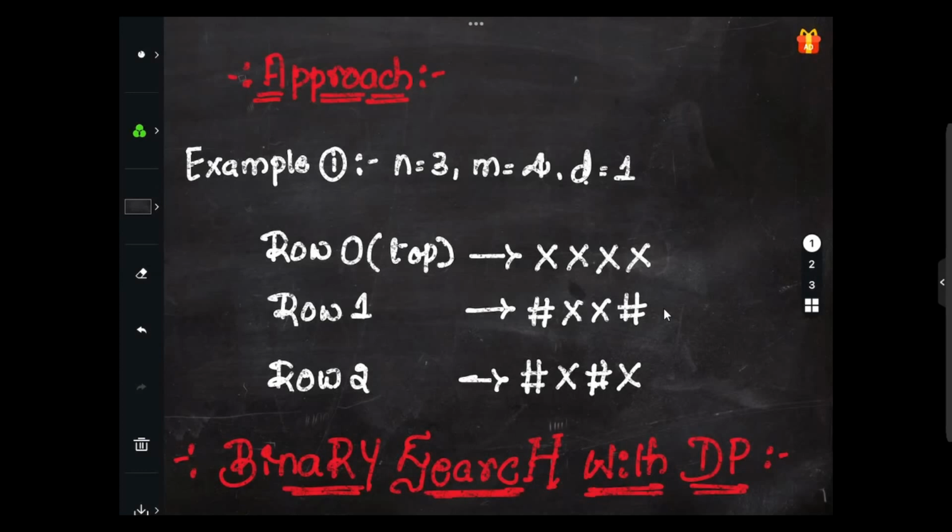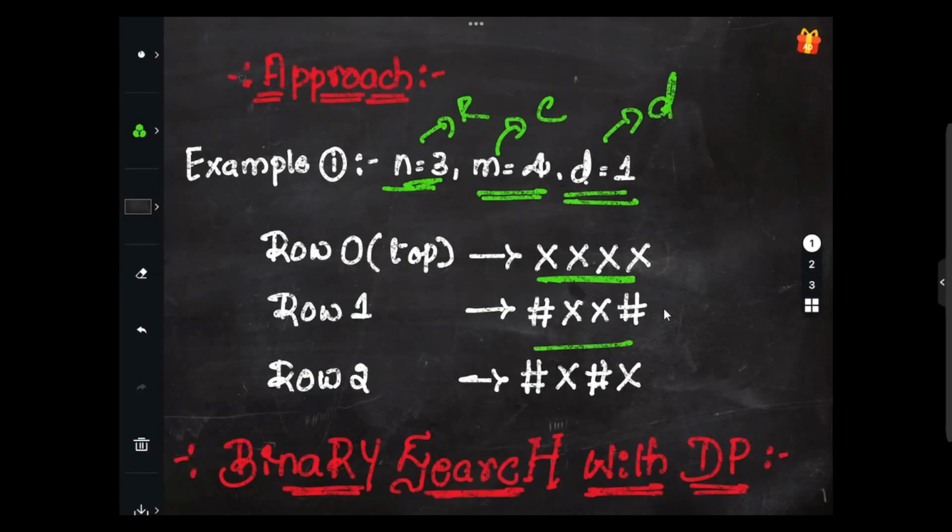Let's come to the example part. n we have 3, m we have 4, and d is 1. This is rows, this is columns, and this is the distance. Row 0 we have this input, row 1 we have this input, row 2 we have this one.